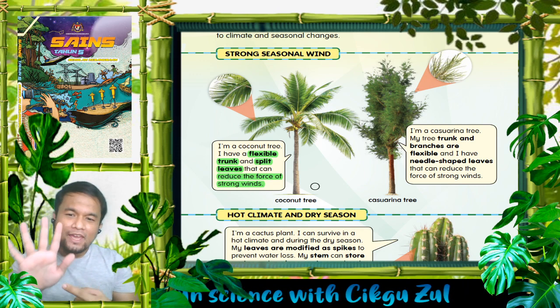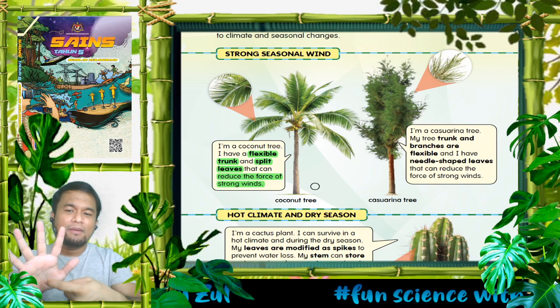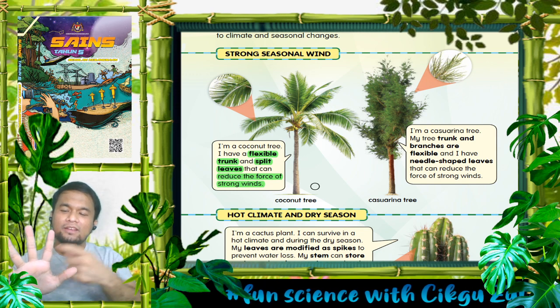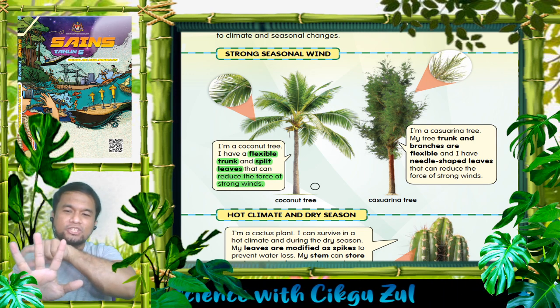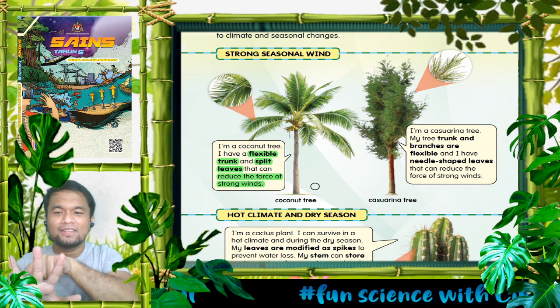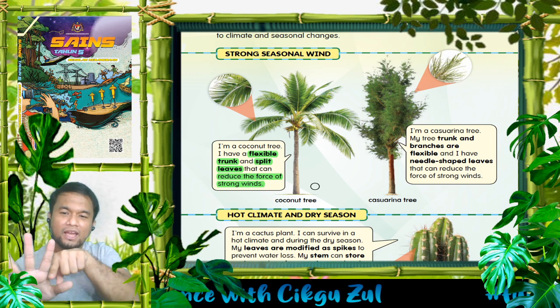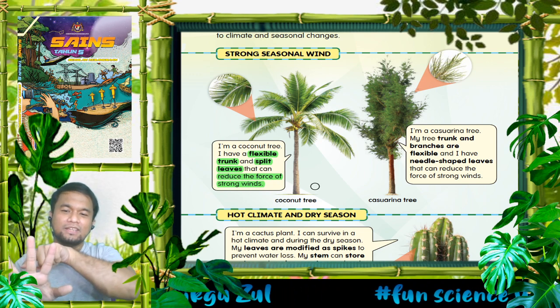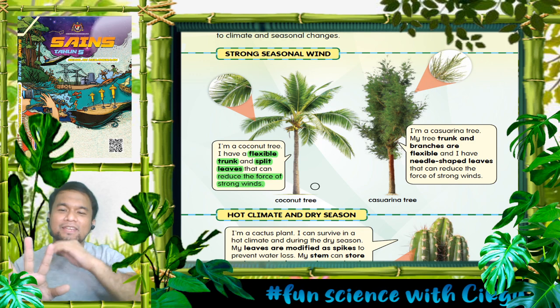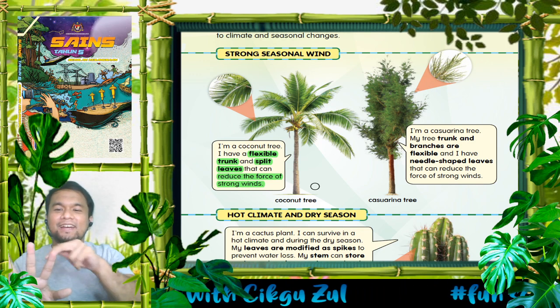But if they have split leaves, the wind will come and get through the spaces in between the leaves. Jadi daun-daun tu ada ruang untuk membenarkan udara tu boleh pergi, macam mana nak cakap dia, meniup di antara daun-daun itu.